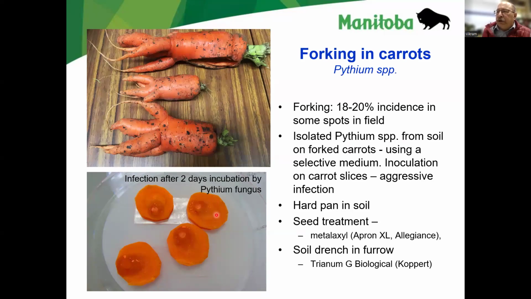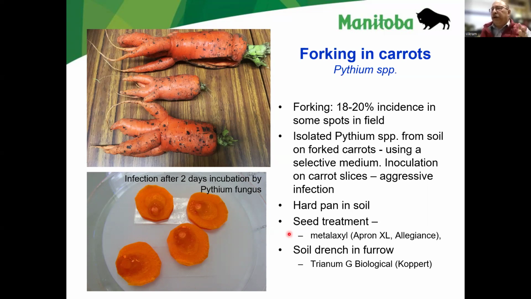We isolated the fungus and then we inoculated. These are small plugs of the fungus, and within 2 days, the whole carrot basically became very soft and started showing rot. So this disease can be controlled, but it is soil-borne, and soil-borne diseases are not easy to control.